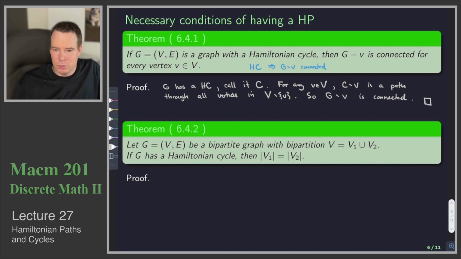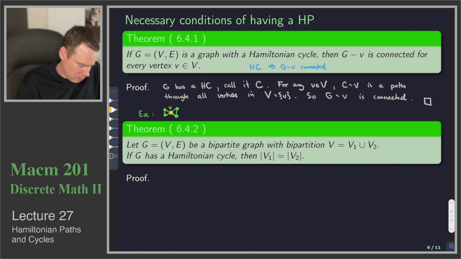So how do we use this result? So this says if it has a Hamilton cycle, then G take away V is connected for every vertex. So how can we use this? We'll do an example here. Consider this graph, the bow tie graph. This bow tie graph kind of looks like a bow tie, two triangles stuck together. Let's focus on this vertex here in yellow.